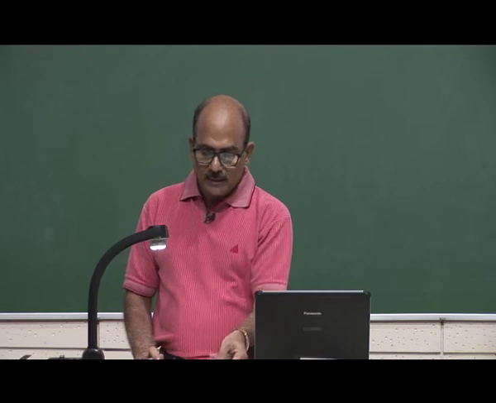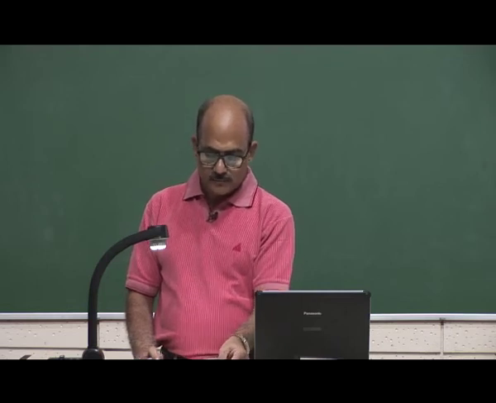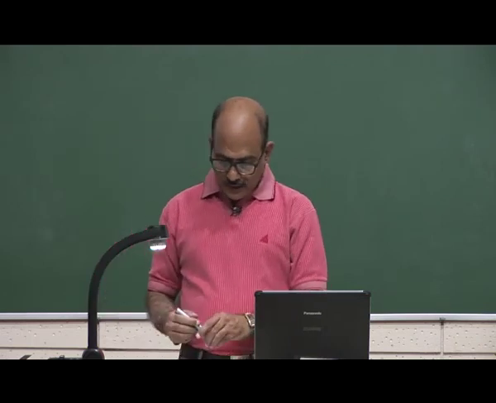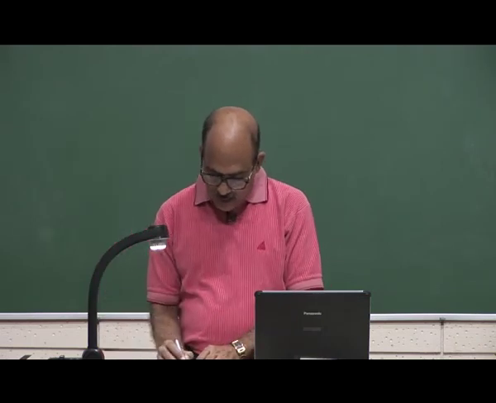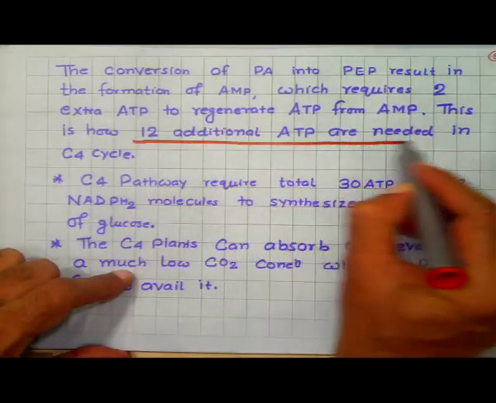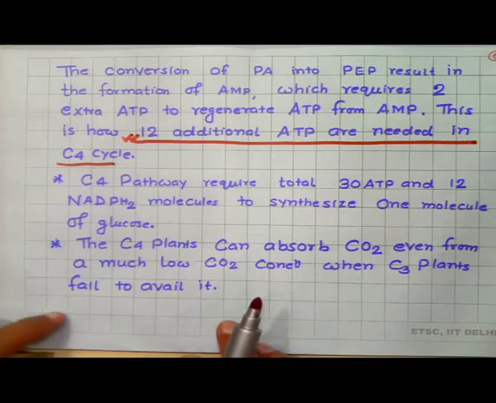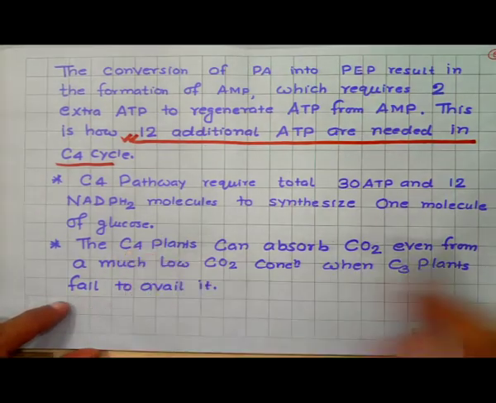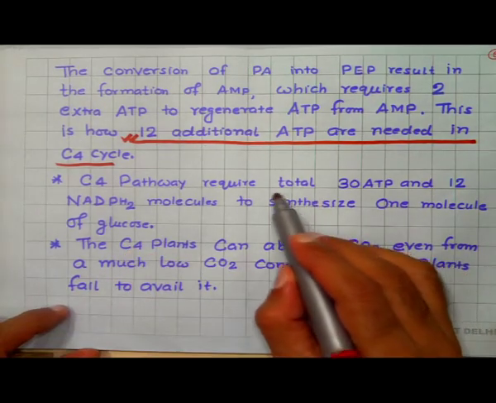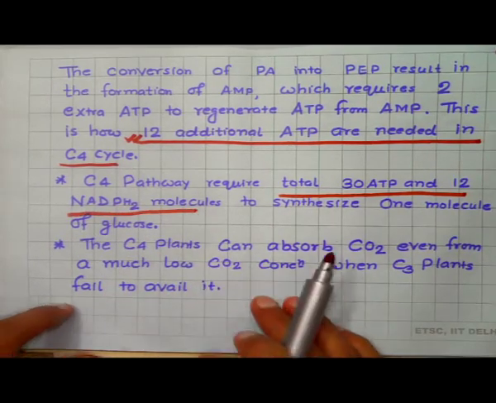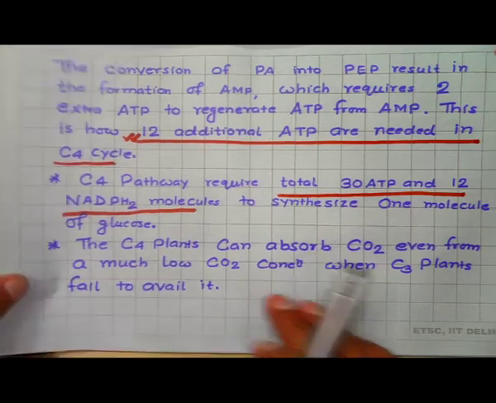So, these are the basic differences between the C3 and C4. Now, 12 additional ATP are needed in the C4 cycle. It is very important from the examination point of view. Now, for C4 the total number of ATP is 30 and 12 NADPH2 molecules to synthesize one molecule of glucose.